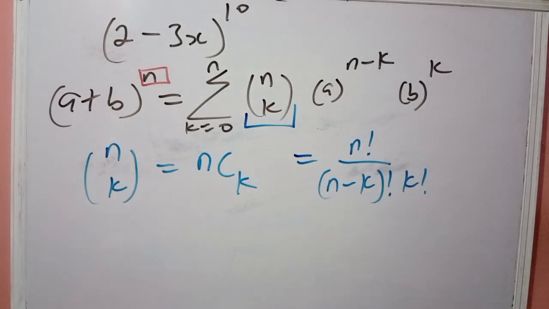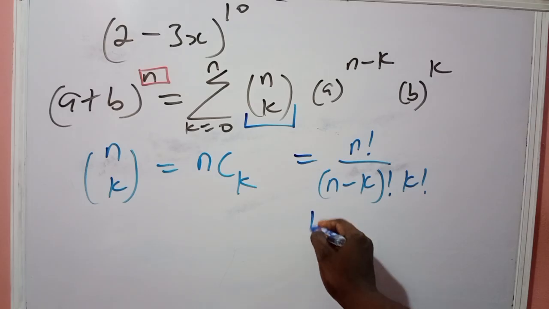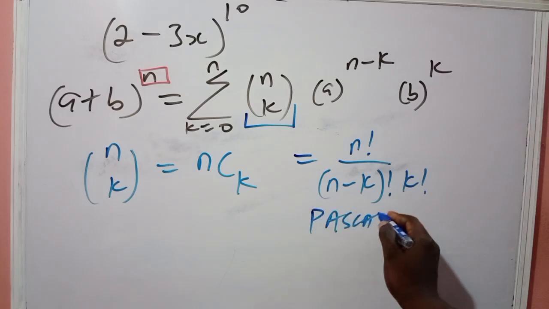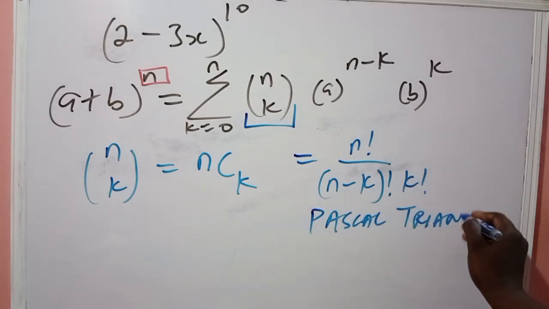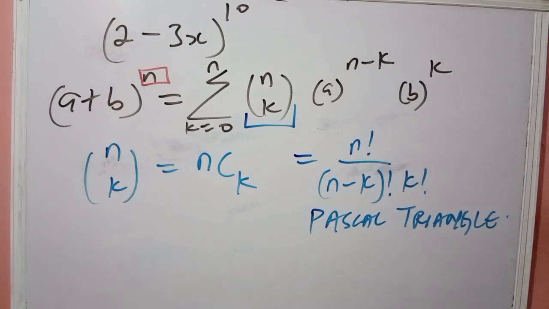So there are three different ways you can solve for combinations. You can make use of this particular method, or you can make use of your calculator, or lastly, you can make use of what we call the Pascal triangle. We're talking about the Pascal triangle in a bit. So those are the three different ways you can use to find your combination.